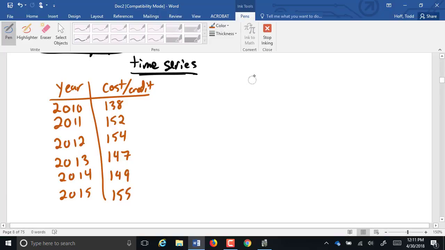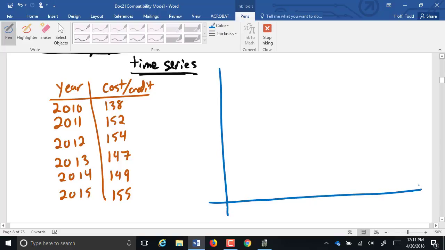So again, we're going to make a graph. When time is involved, time is almost always on the horizontal axis. So we're going to 2010, 2011, 2012, 2013, 2014, and 2015.